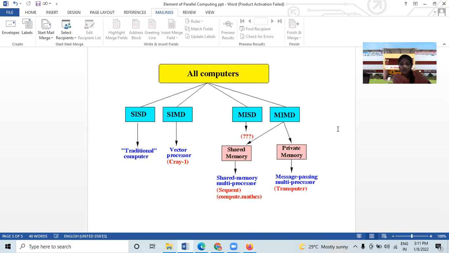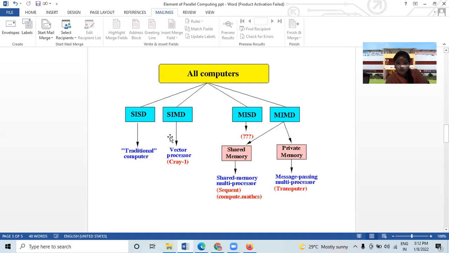So what is SISD, SIMD, and MISD? SISD is single instruction stream and single data stream. SIMD is single instruction stream and multiple data stream. MISD is multiple instruction stream and single data stream.